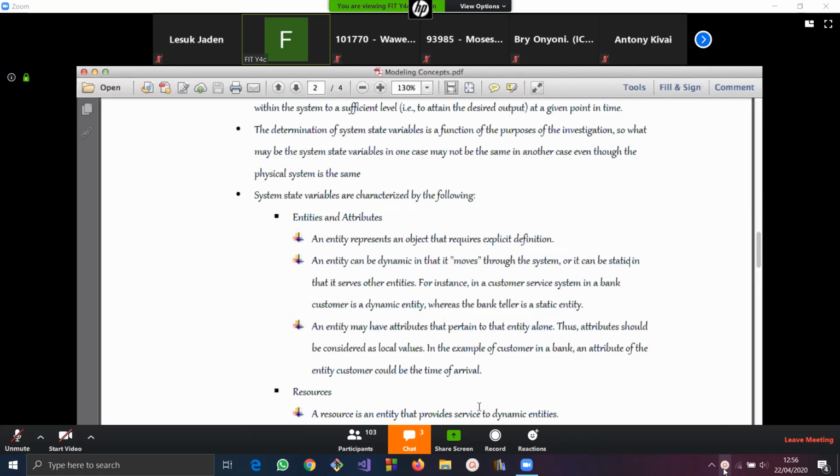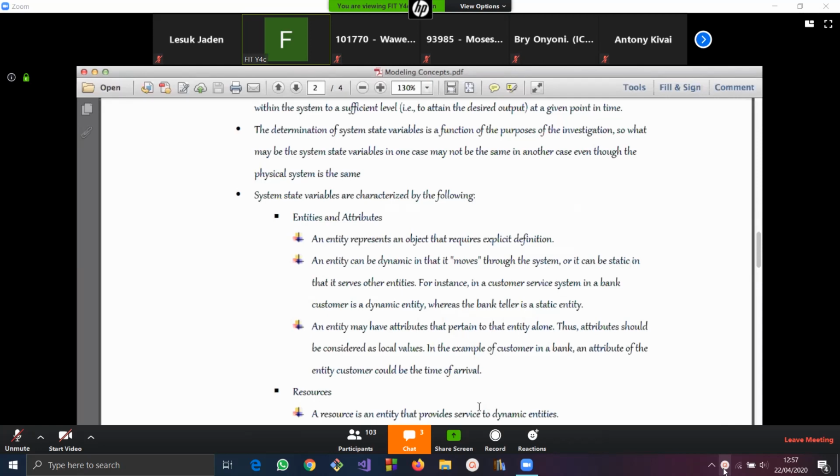For instance, the example we are using is a bank system or customer serving system, where we want to look at a customer as an entity, a teller if it's in a bank, or a store or a supermarket. That's also an entity.